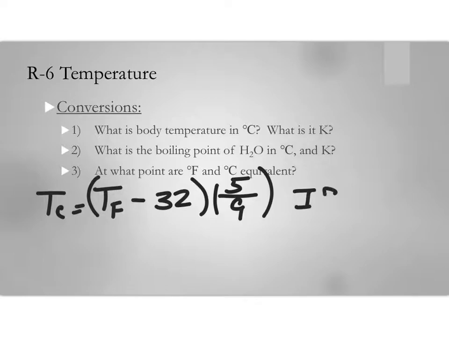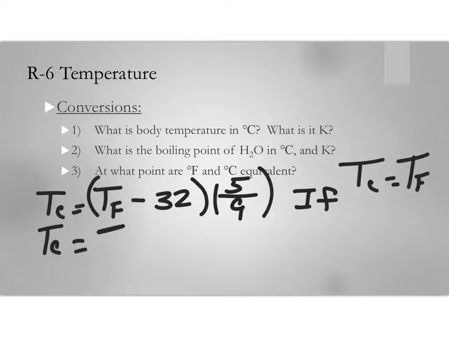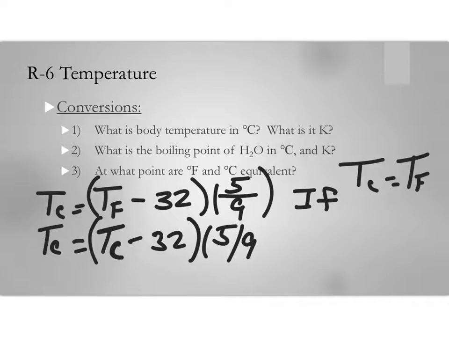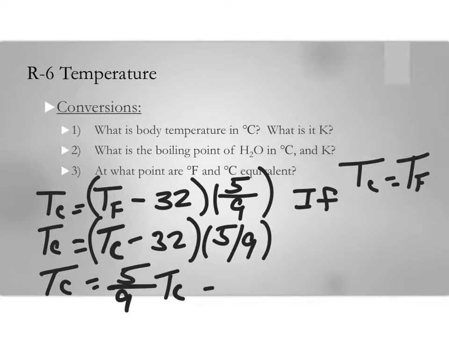And so if the temperature in Celsius equals the temperature in Fahrenheit, then I can substitute one of those into this equation, and we would get Tf equals Tf minus 32 times 5/9, and 32 times 5/9 is 17.7 repeating.